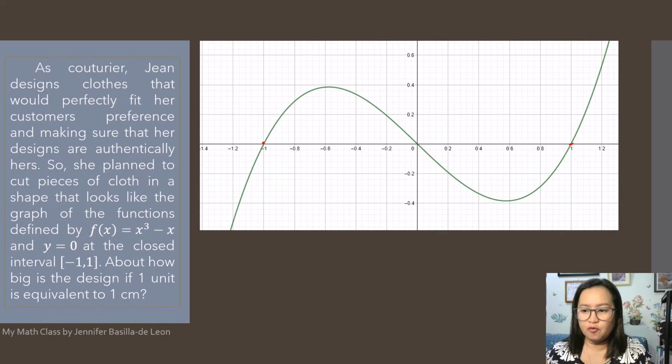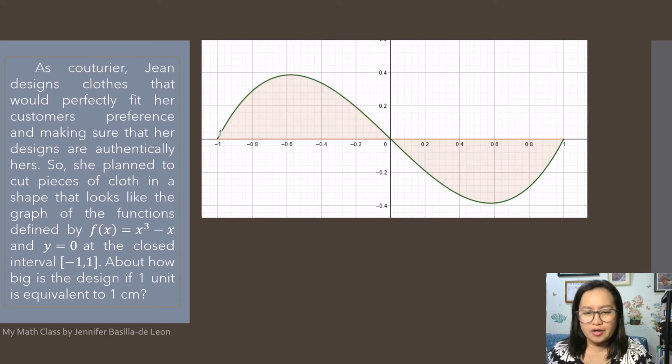So therefore, we only have to consider this region. With this, we would be able to imagine that if we draw rectangles on this particular region, we would be able to get the area of the said region.